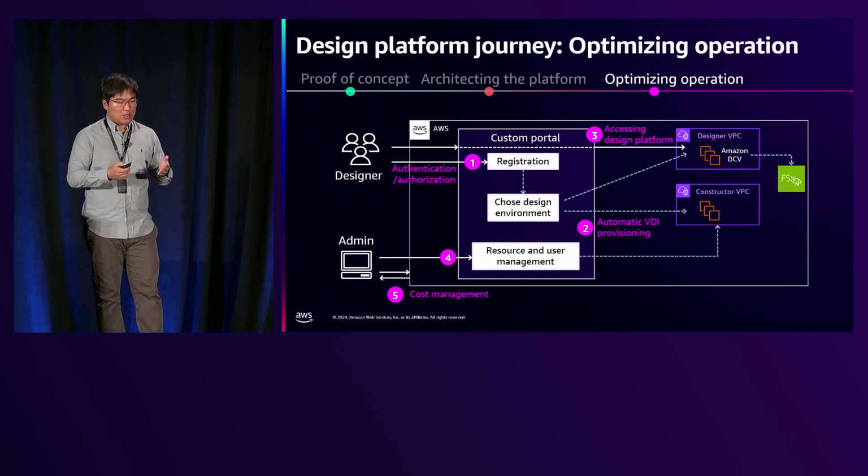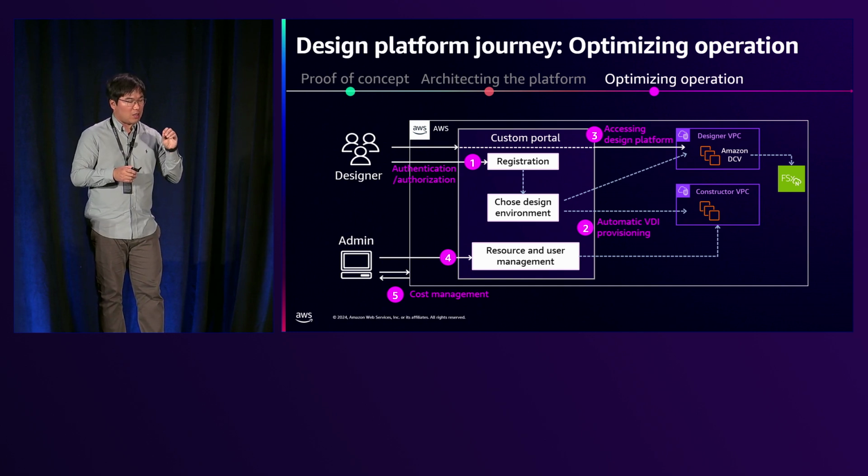As you see here, we made one custom portal. Users go to the custom portal first and authenticate their identity. Then they choose their design environment, and after they submit and get approval that their information is correct, a VDI is automatically provisioned by the custom portal.